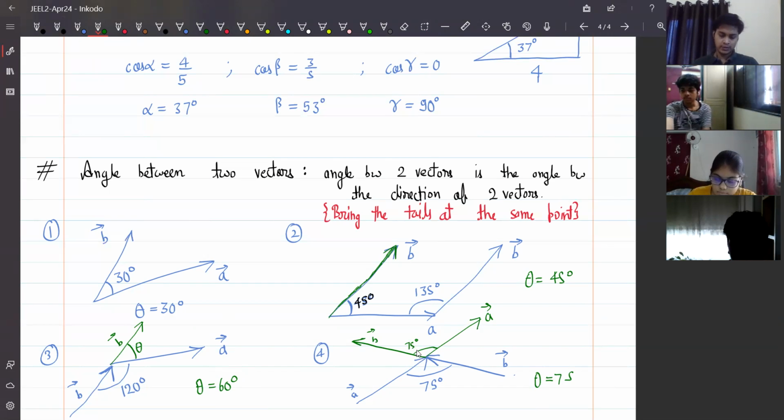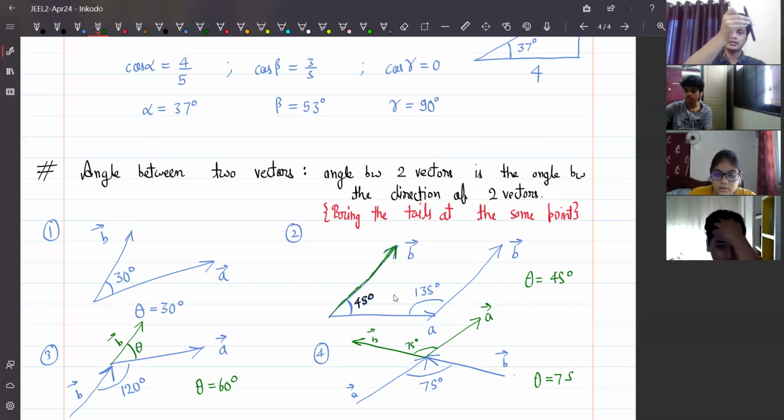Good. So always remember the angle between two vectors is the angle between the direction of two vectors. You have to bring the tails at the same point by just moving the vector, don't change the direction. You can just move the vector like this without changing the direction and the magnitude.